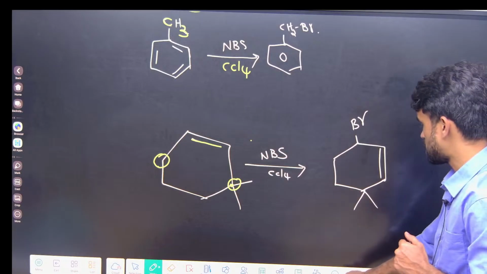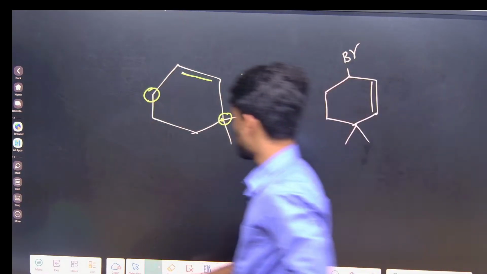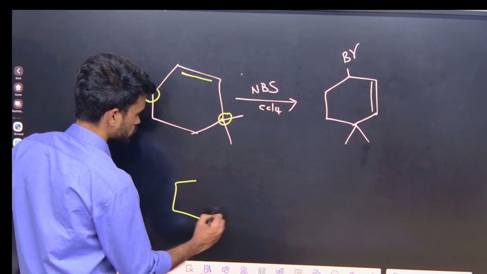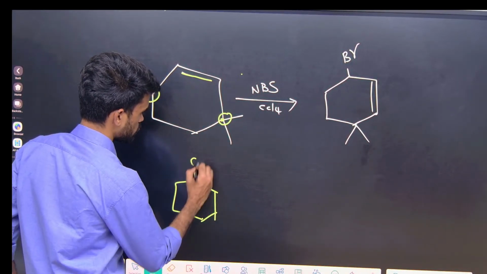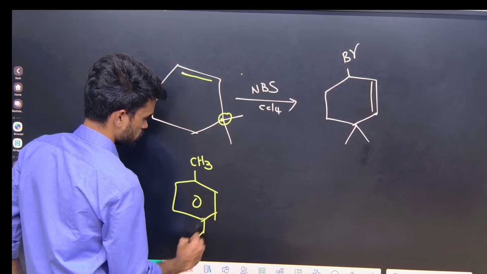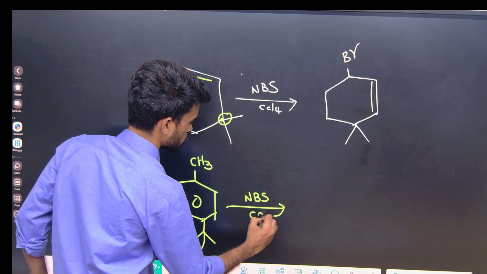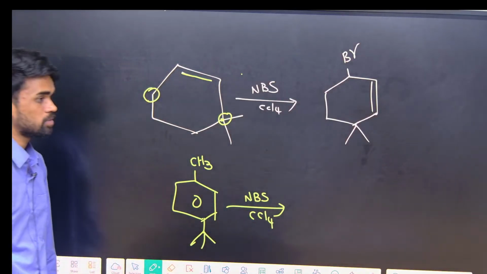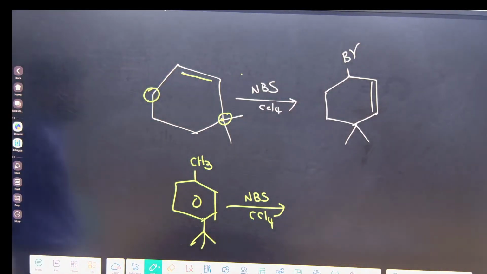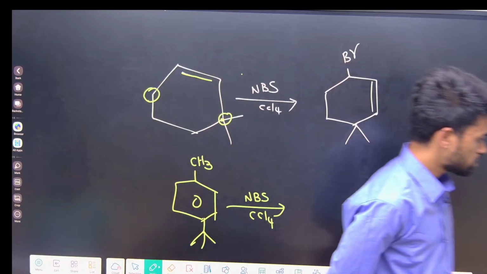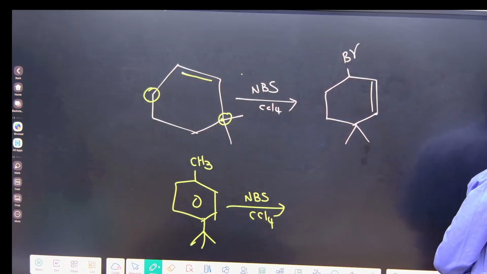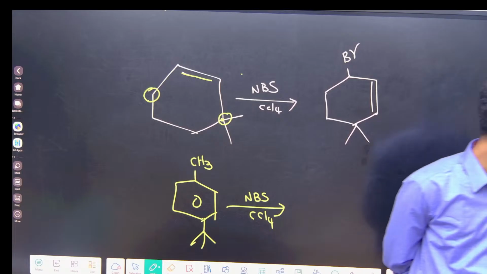Right. So in the same manner, now I will give you one more. Tell me fast, what happens and where it happens? Benzylic bromide.